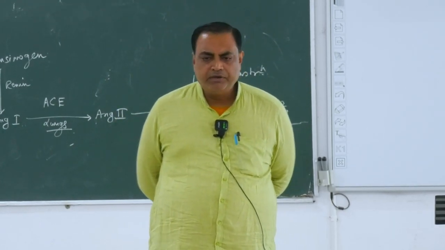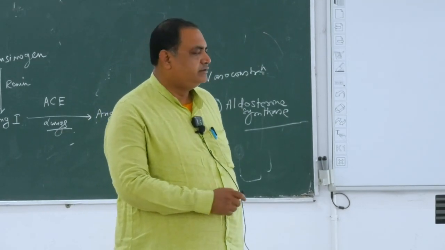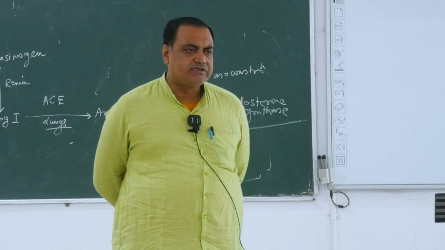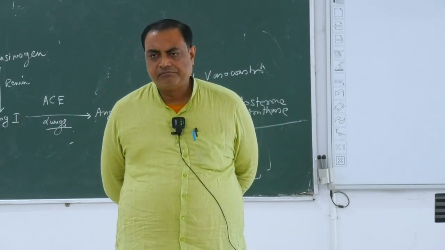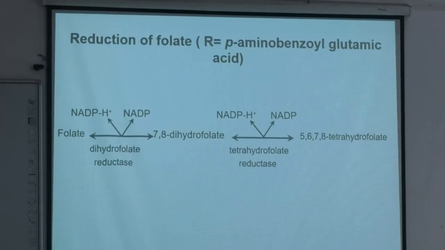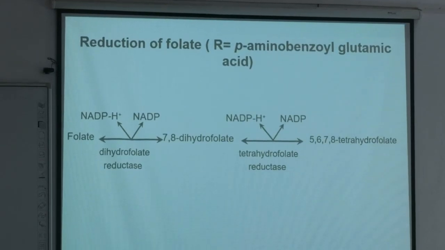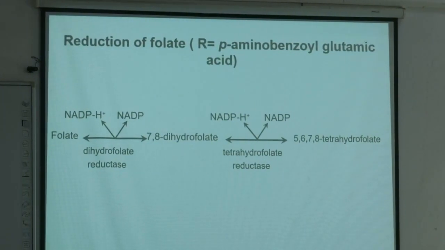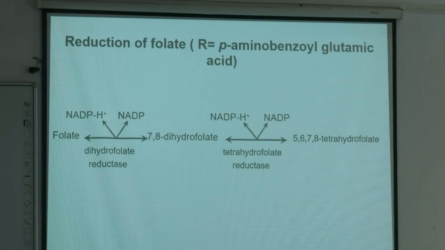Now, someone tell me why we are studying this slide. In which way is this related to the previous slide? The question was, in which way is this related to the previous slide? See, the vitamin is found in folate form, and the active coenzyme form is tetrahydrofolate, N5-N10 tetrahydrofolate.